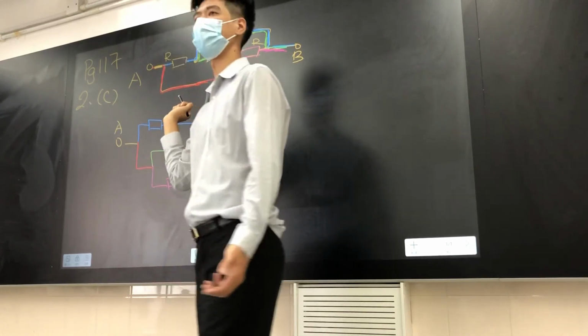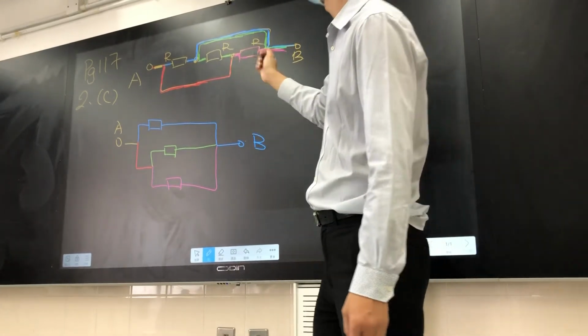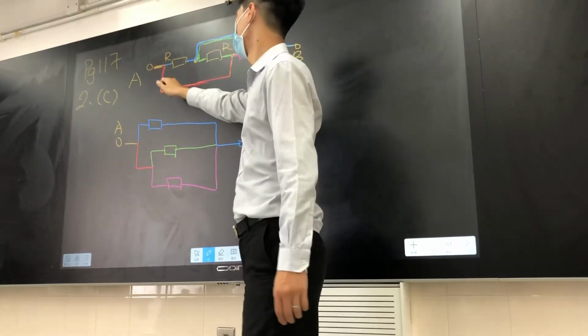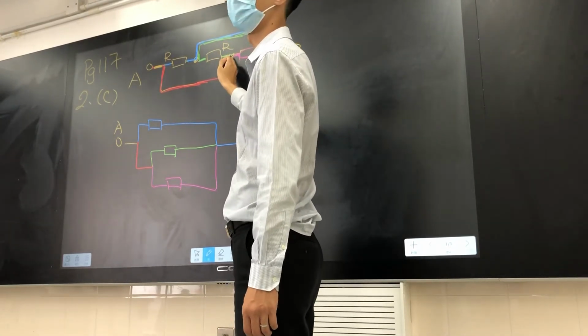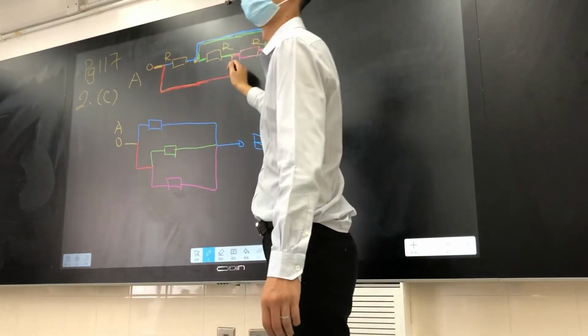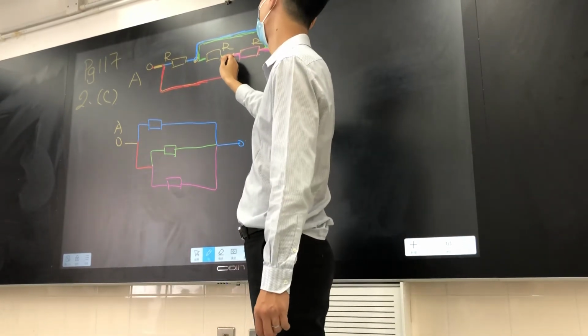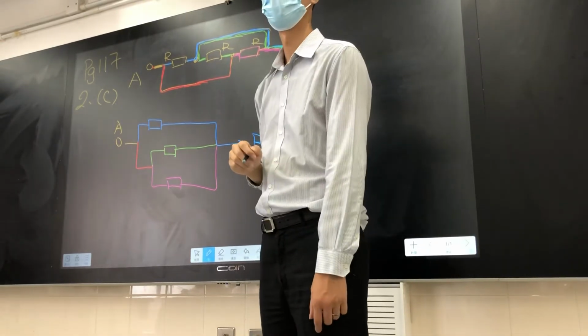So why isn't that the case here? Because there is still more. Even if the current goes to the lower part, you need to choose either path at this point, right? So even if the current chooses the lower part, it will still go through the left resistor or this resistor. Okay?